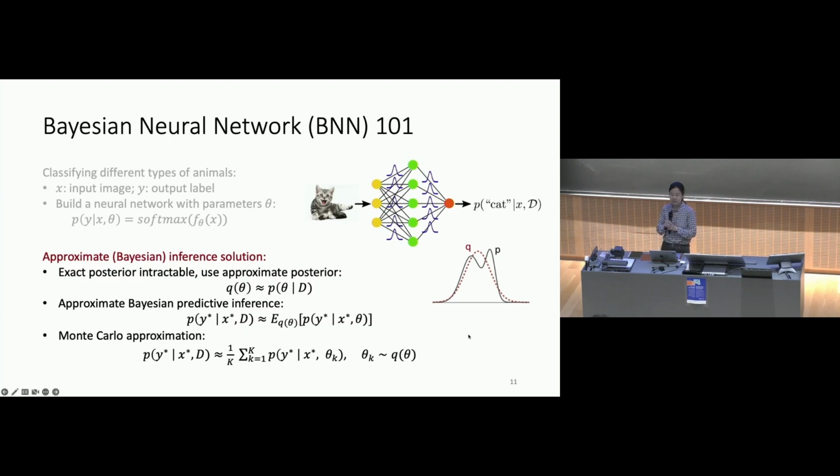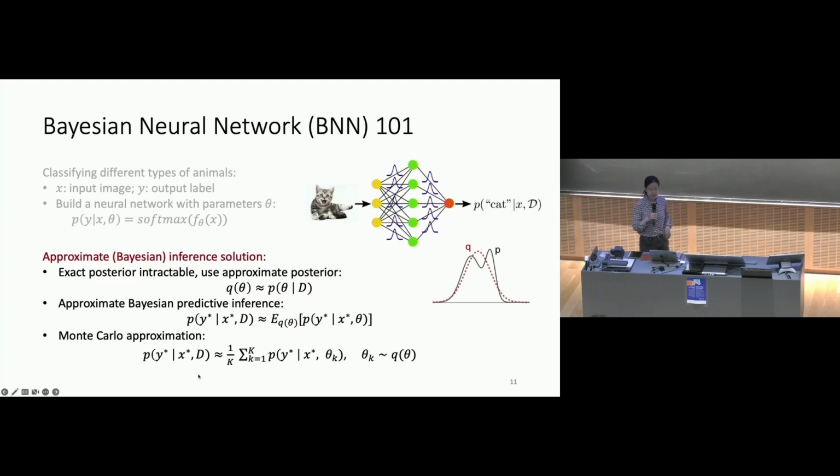We sample a bunch of weights from the Q distribution, and then for each of the weights, we use that weight to parameterize a neural network, use that neural network to process your data and give a prediction. This is what you get for each of the networks, and then finally you take the average of it.